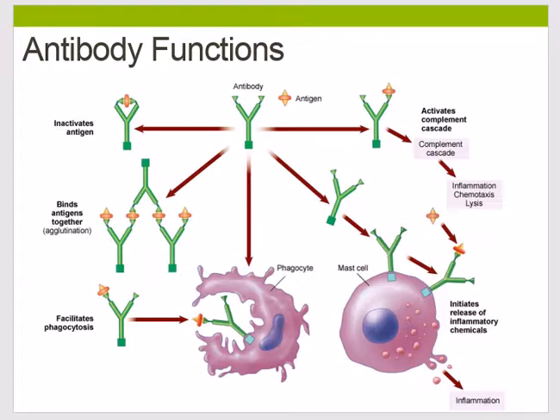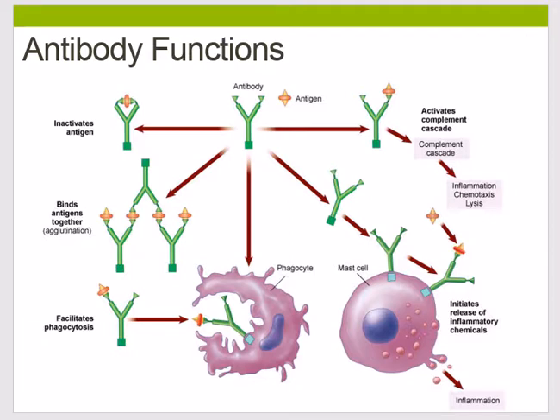Okay, so in terms of antibody function, the function of an antibody molecule is to produce antibody-mediated immunity, which we know is a type of immunity also called humoral immunity. And for interest's sake, the reason it's called humoral immunity is because it occurs within the plasma, which is one of the humors or fluids of the body.